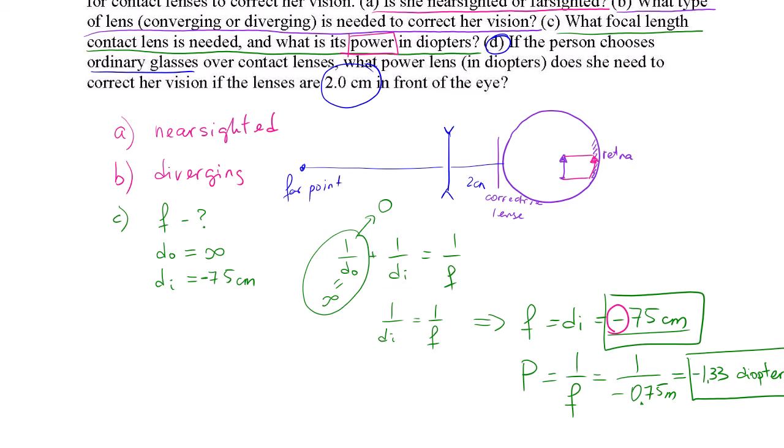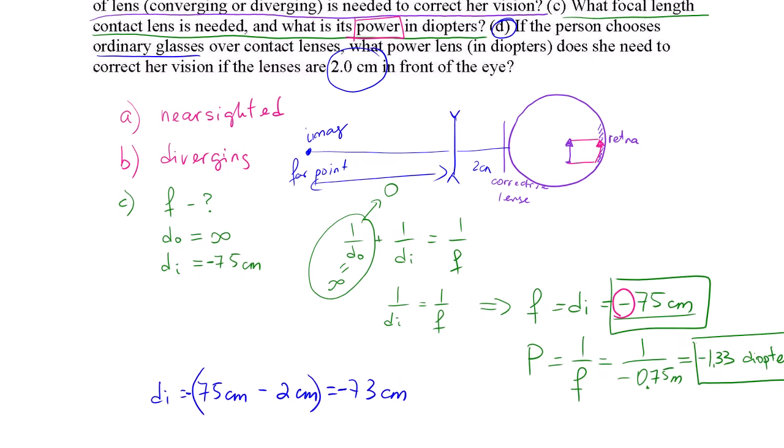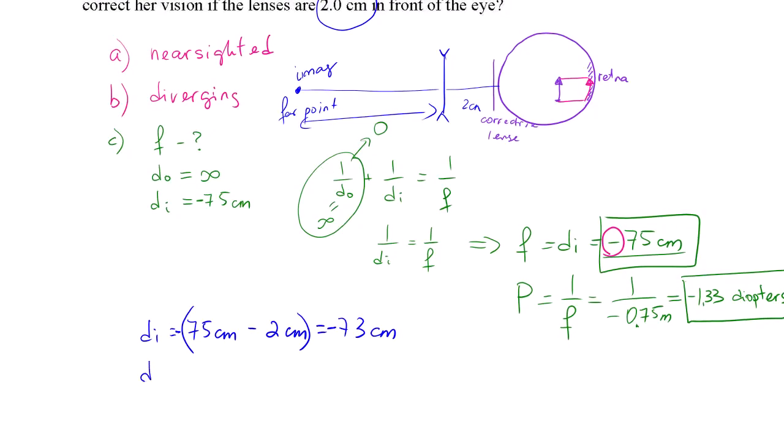Then your image should be formed right here. The image distance from the lens will be DI equals 75 centimeters minus 2 centimeters, which makes it 73 centimeters. And let's not forget to put our negative sign because it's the same side of the lens, while the distance of the object remains infinity.